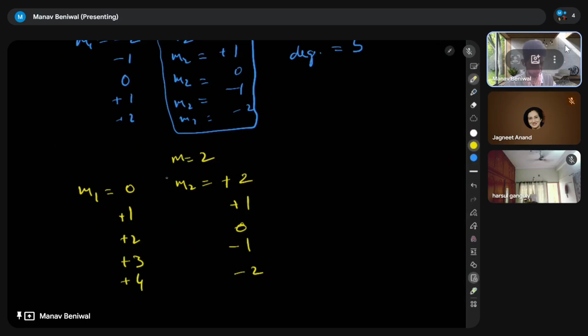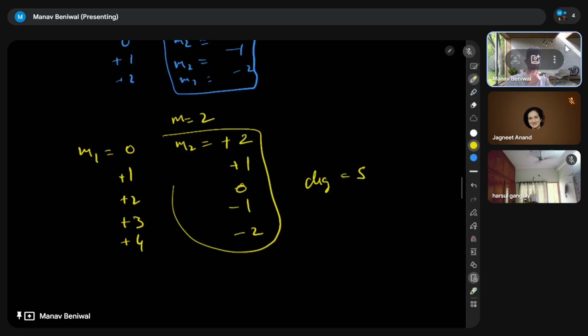So again, because we are using all values, the degeneracy will be 5.